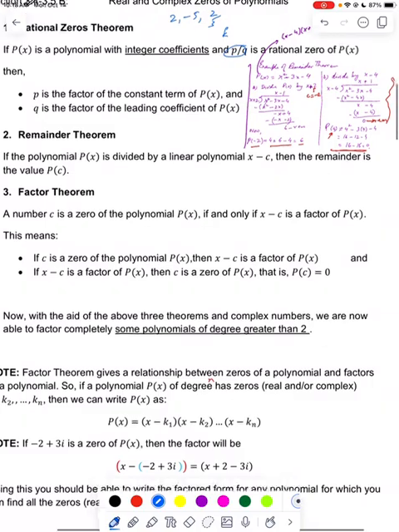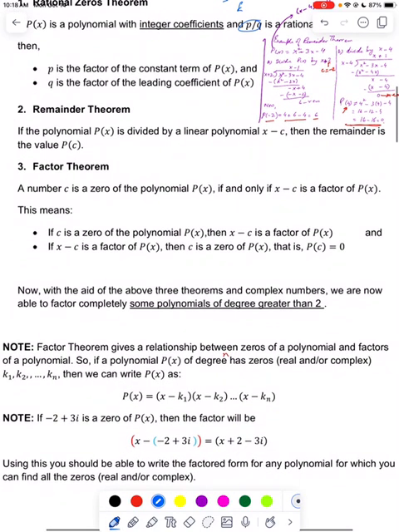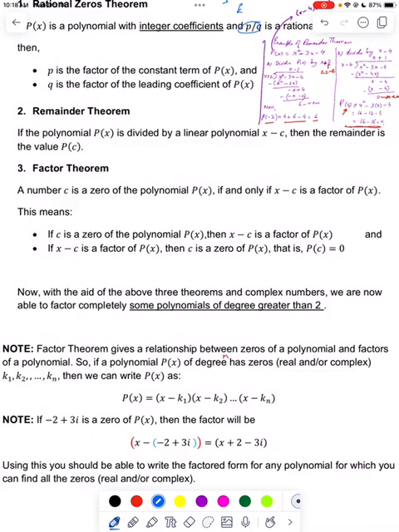and the remainder theorem says that if the polynomial p of x is divided by a linear polynomial of the form x minus c, then the remainder is the value of p of c. Okay, if x minus c is a factor of the polynomial, the remainder will be 0.